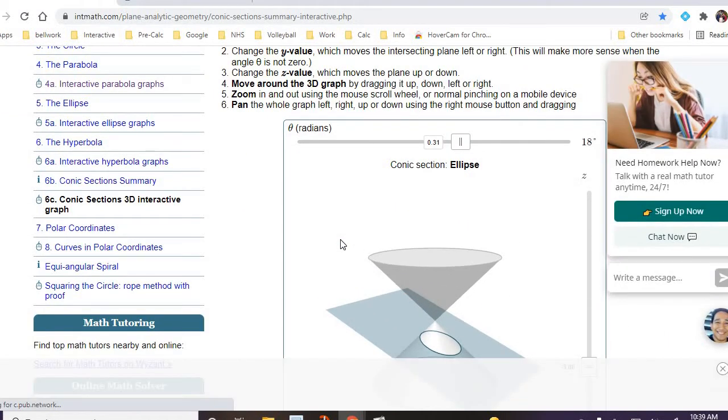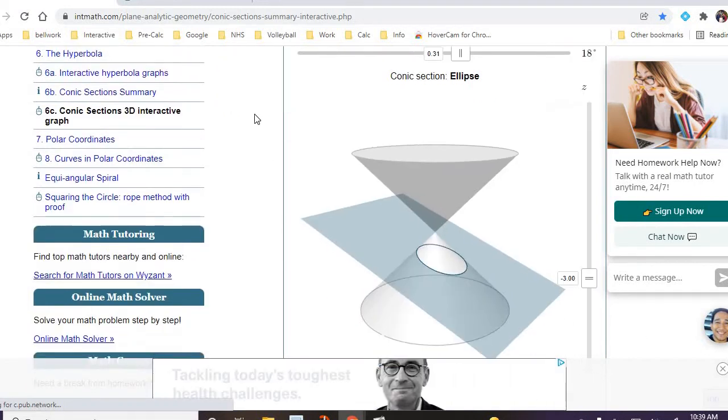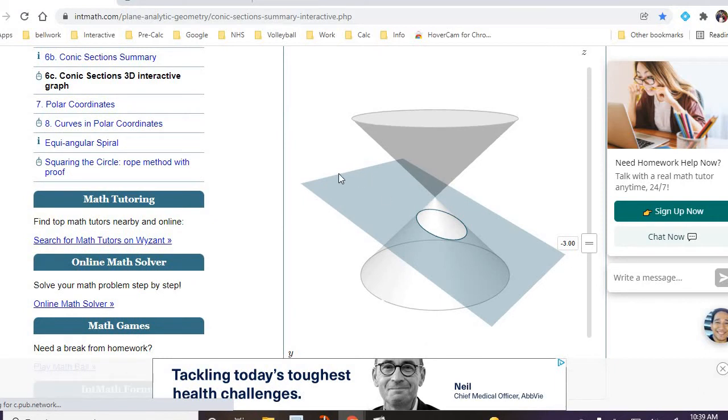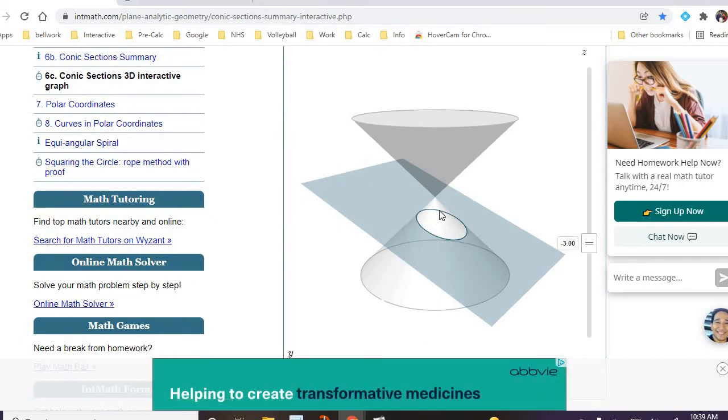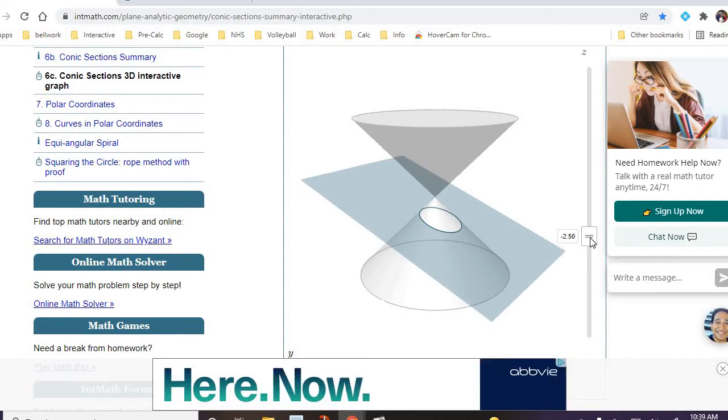So if you have a cone, okay, notice here that if I take a plane and I slice this cone, we end up with an ellipse.